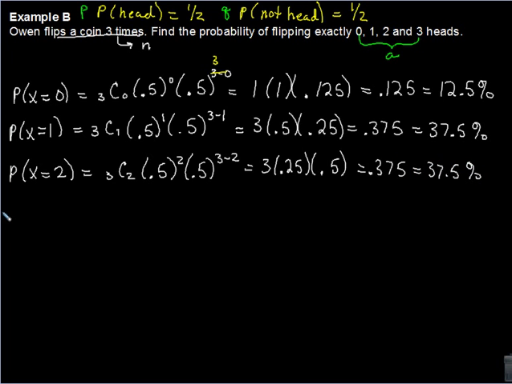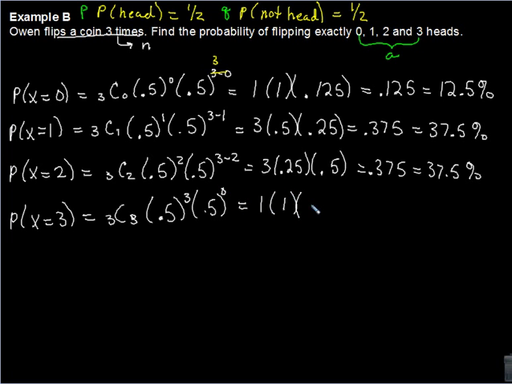And then finally, what's the probability of getting 3 heads? 3C3, 0.5 to the third, 0.5 to the 3 minus 3, which is 0. Oops, I wrote the wrong thing in. 12.5%.